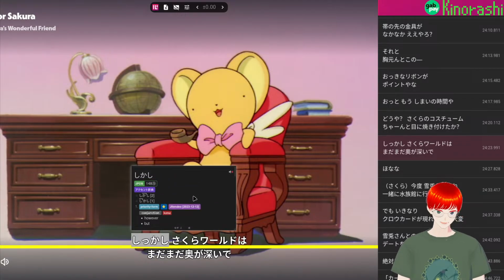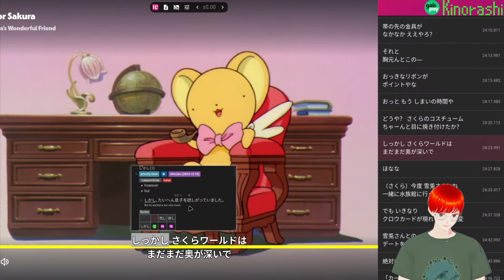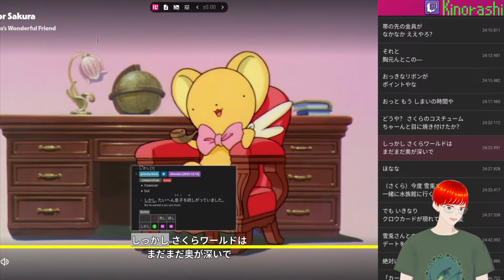Okay, this is just shikashi, but they're doubling the consonant again for strength. Shikashi. What is the origin of shikashi?